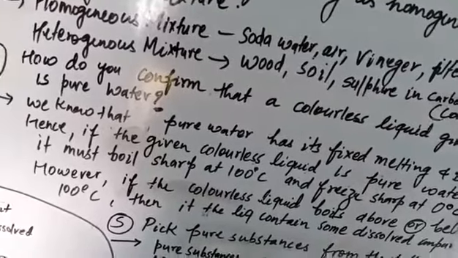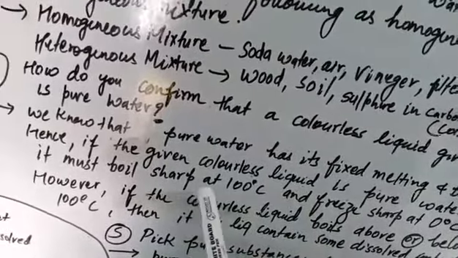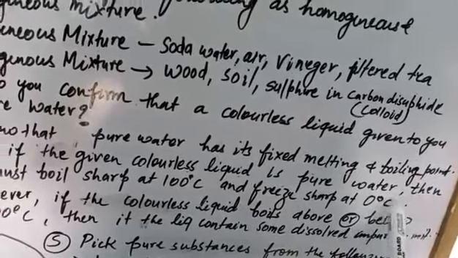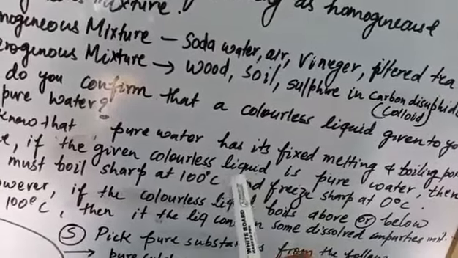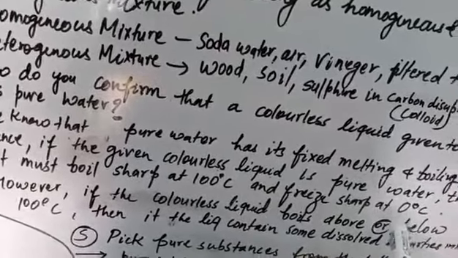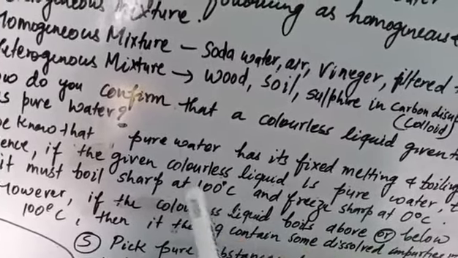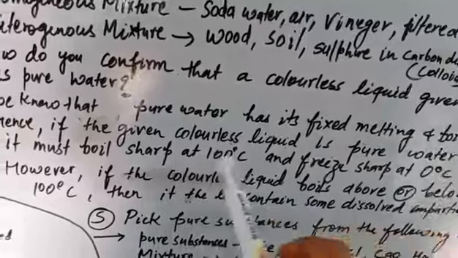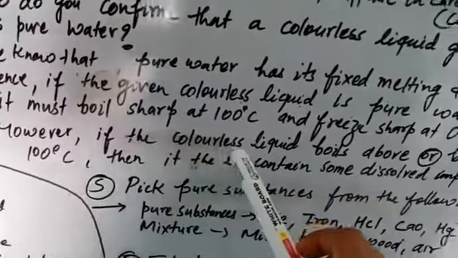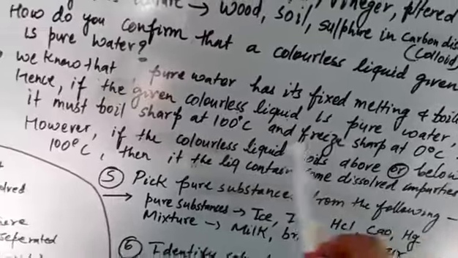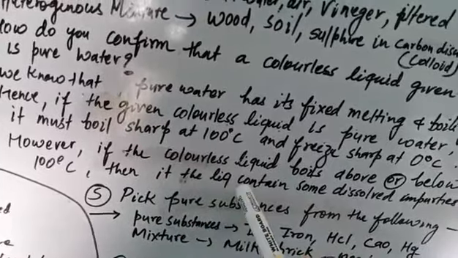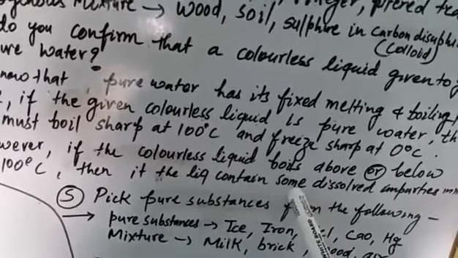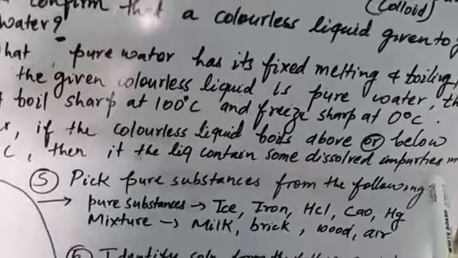If it boils at 100 degrees Celsius and freezes at 0 degrees Celsius, which are the melting and boiling points of pure water, then we confirm that the given colorless liquid is a pure substance. However, if the colorless liquid boils above or below 100 degrees Celsius, then it is a liquid which contains some dissolved impurities.